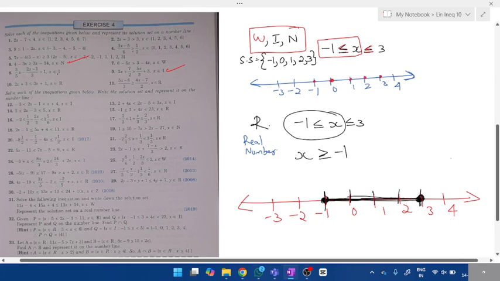This is how you plot for real numbers. You connect from -1 to 3, and if the equal to symbol is given, you keep a solid dot like this. Darken it.